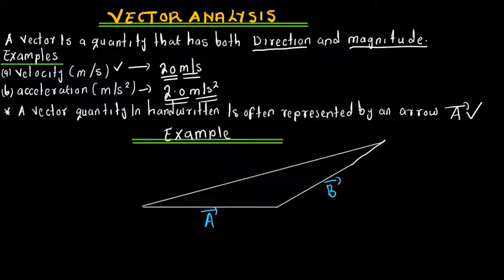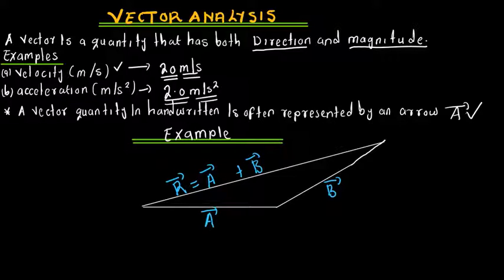How do we find the hypotenuse or the long line? The long line in this case is simply the resultant vector. Resultant vector is simply represented by the letter R, and it can be written as the summation of all the vectors, which is simply A and B. So this can also be written as A vector plus B vector.